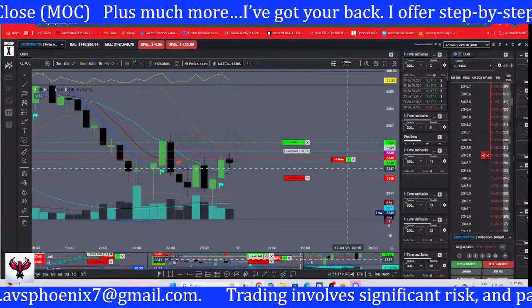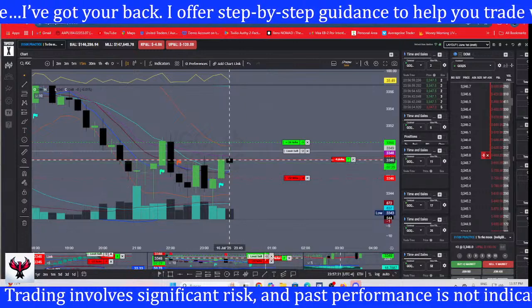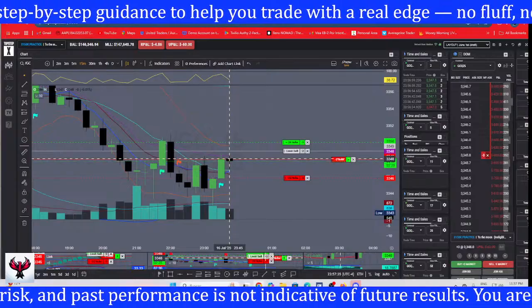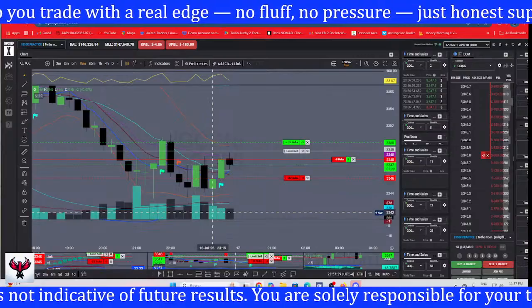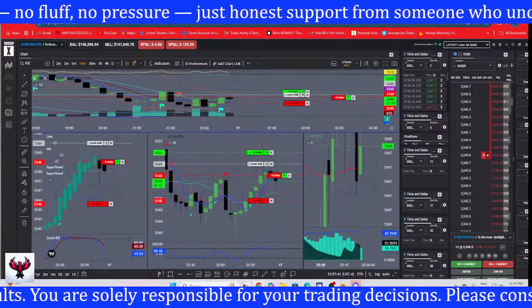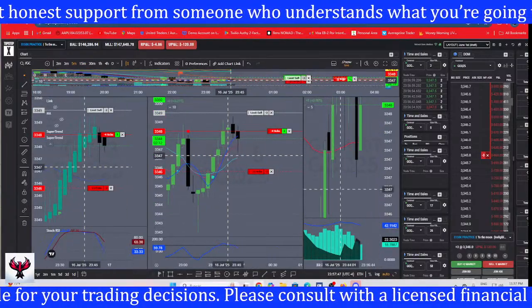If in the next 2 minutes we close black, but if we close green, volume is going to come. Volume is going. Look at it. Look at that.